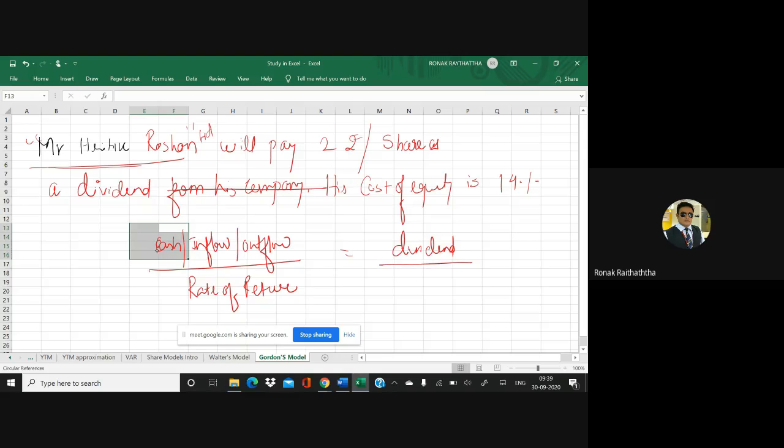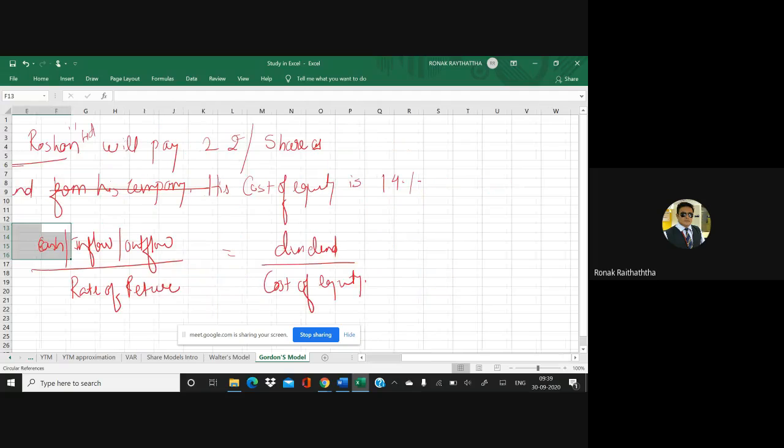Same formula we are using, and instead of rate of return, we are putting cost of equity. Now nothing is left. We'll have to just put the dividend, that is 2, and cost of equity, that is 0.14. Though I know the answer, I need the answer from my students because I want to know whether they are doing it or not. Can someone give me the answer from there, guys?